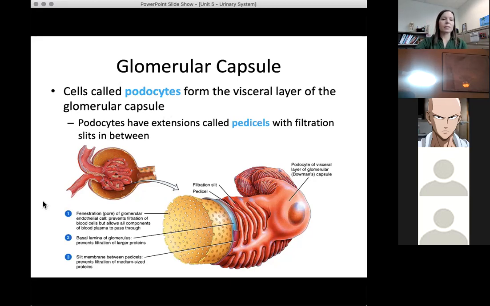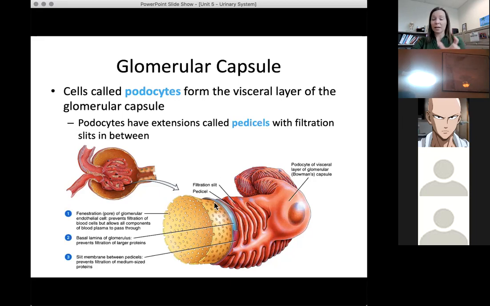There is a parietal layer and a visceral layer. The parietal layer is the outer wall, which you can see out here and here. So it's the outer wall of the capsule. The visceral layer is the inner layer that directly touches the glomerulus. From this picture, you can't really even tell that it's there, but it directly covers these capillaries.